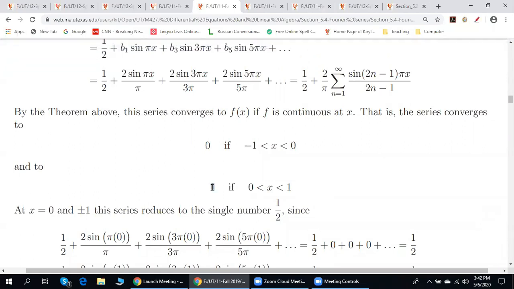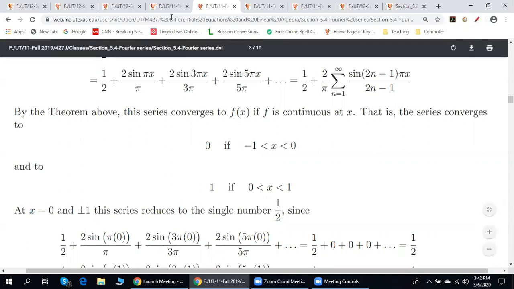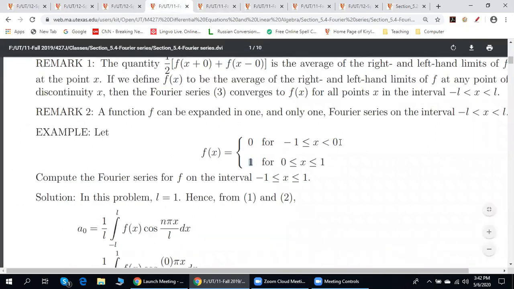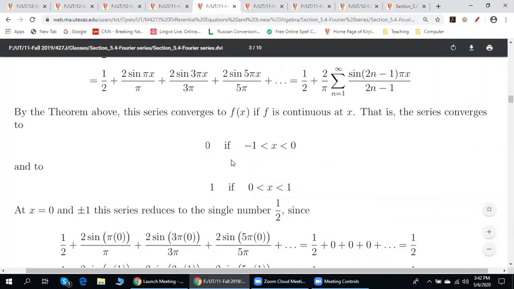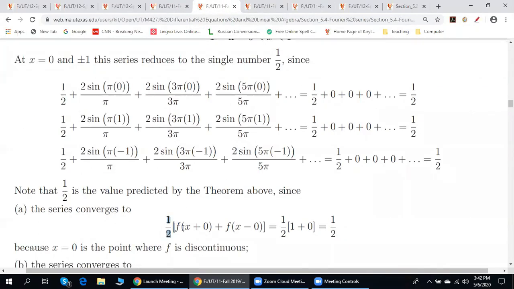Next, suppose x is not one of the endpoints and f is discontinuous at x. This point is 0. Observe that our function is discontinuous at 0. According to the theorem, our series converges to this.